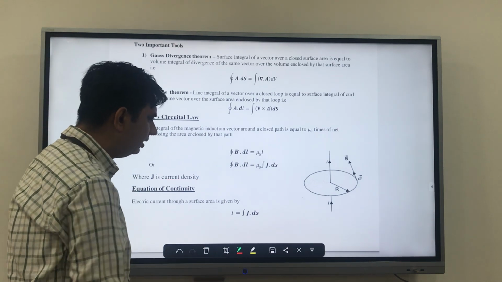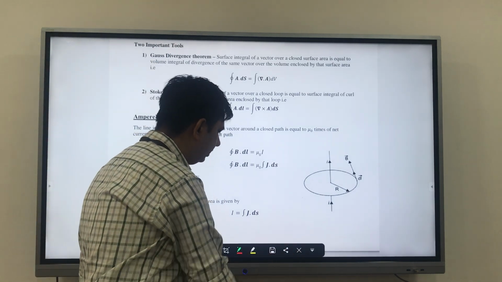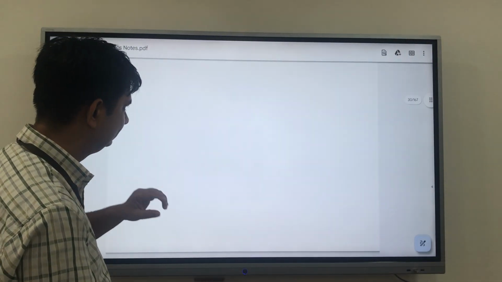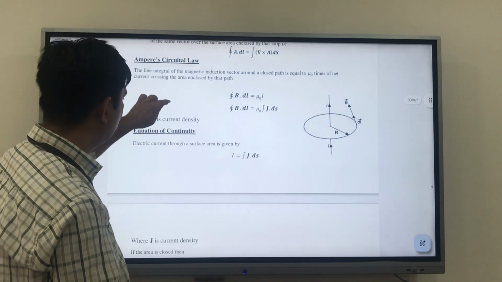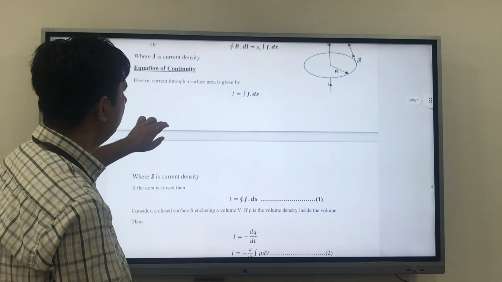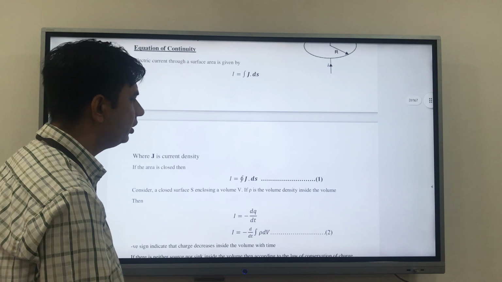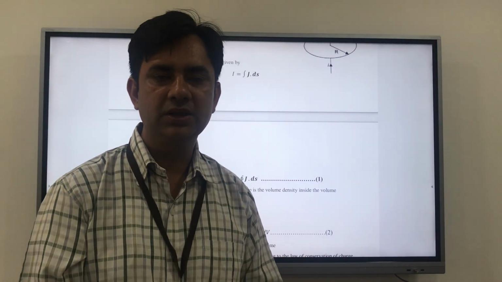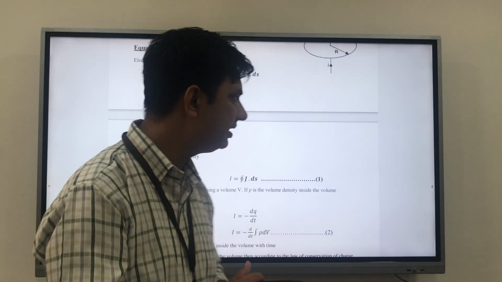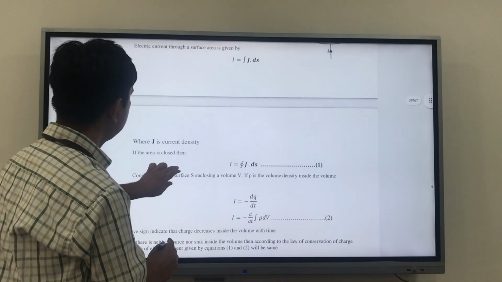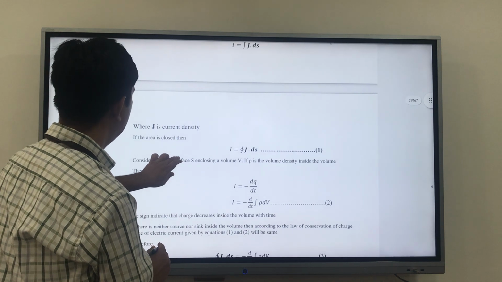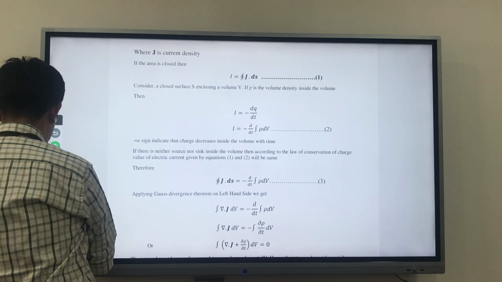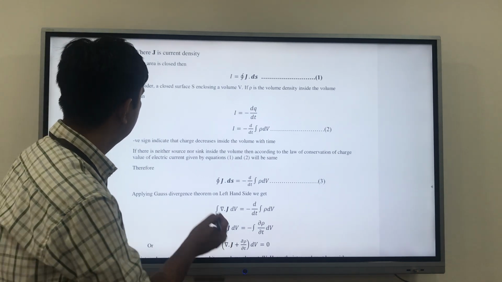Now we will learn about a very important topic, and that is the equation of continuity. We have learned about it from Bernoulli's theorem, which is based on the equation of continuity.